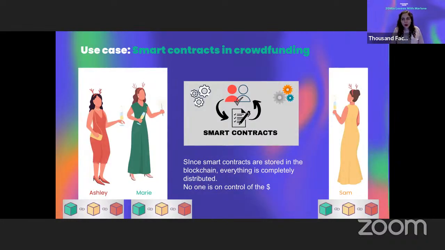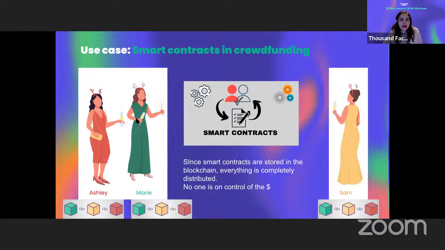So what are some characteristics of this smart contract? Smart contracts are stored in the blockchain. This means that everything that is coded in the smart contract is completely distributed in the blockchain. If we remember how transfers work, every movement of money that is done is coded not only by the person who is doing the transfer, but in all the different users.